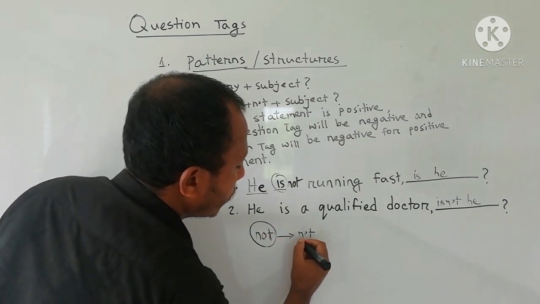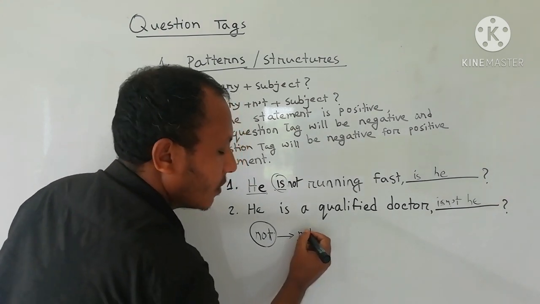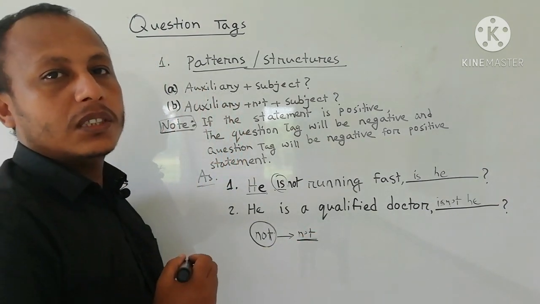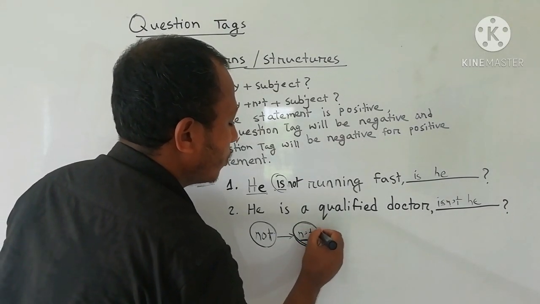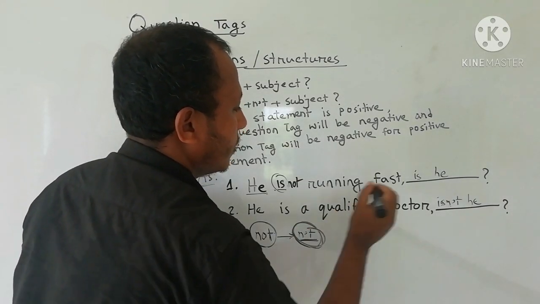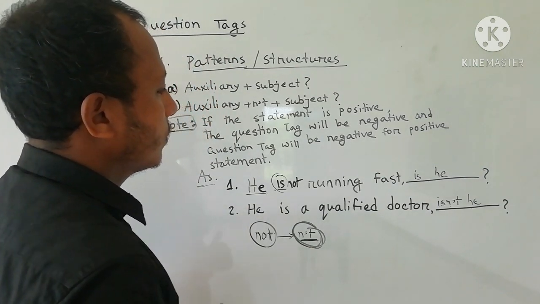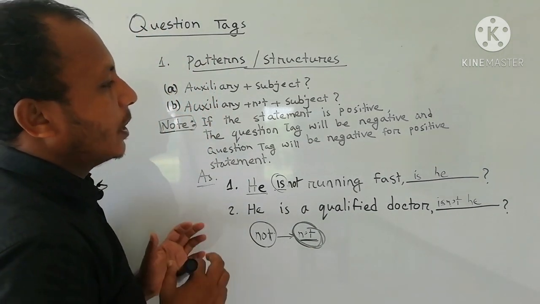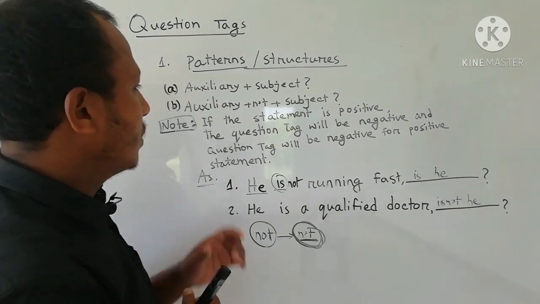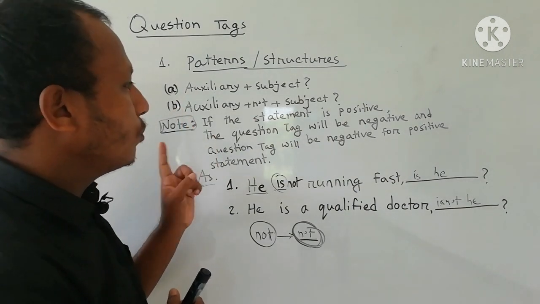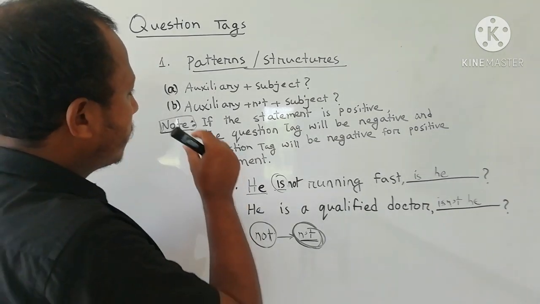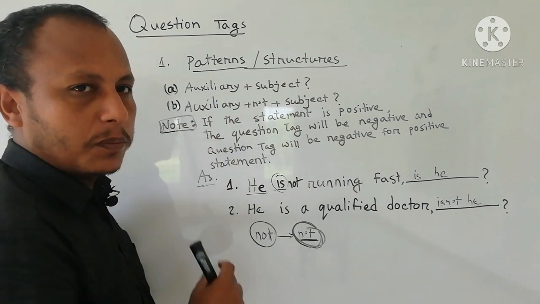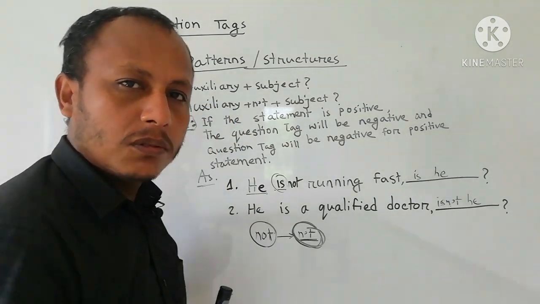You have to use an elision sign t. This contracted form should be applied here. Now we have learned the structures and a note for making question tags. This pattern is very crucial, very important for making question tags.